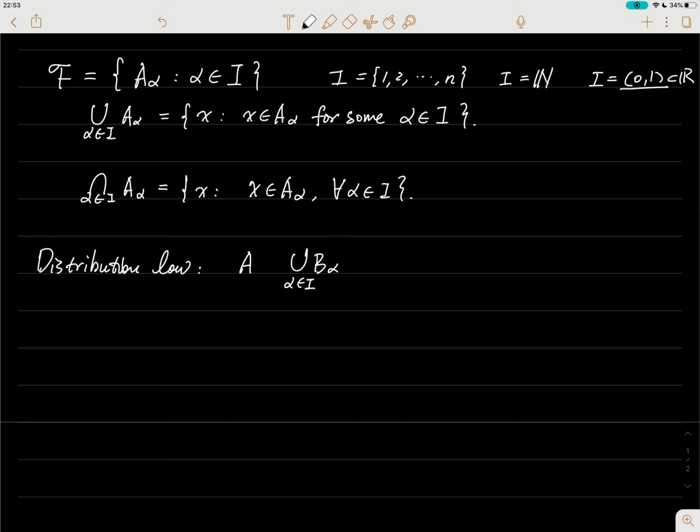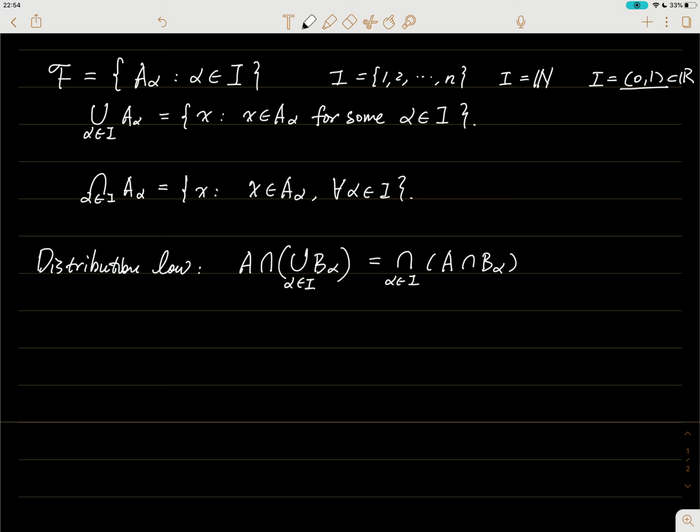Again, this I could be countable, uncountable, or finite. This union gives you a set, right? And then you can take the intersection of A and this set. The distribution law says that you can distribute this A to those B alpha. So this intersection will be equal to the union of the intersections of A with each B alpha.